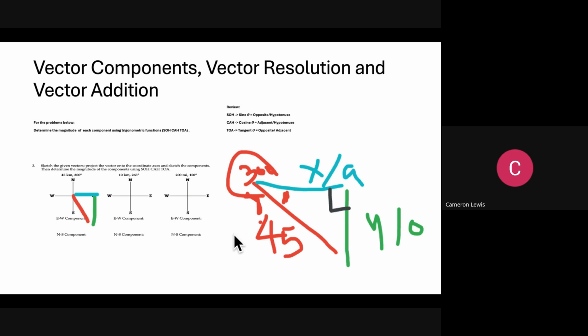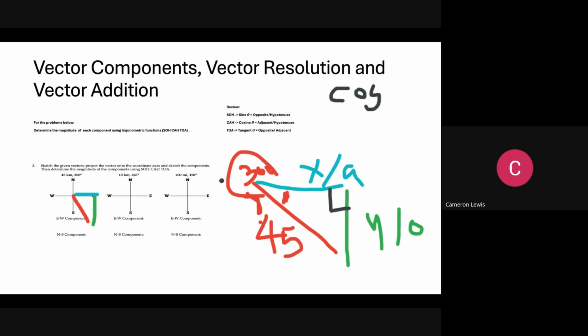So now to find our east and west, or our X component, which equation will we use? We have our hypotenuse and we have our angle, so we need to use which one? Cosine. Good. So how would I set it up? Let me do it up here in black: cosine.